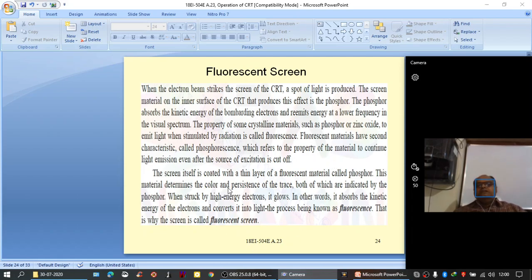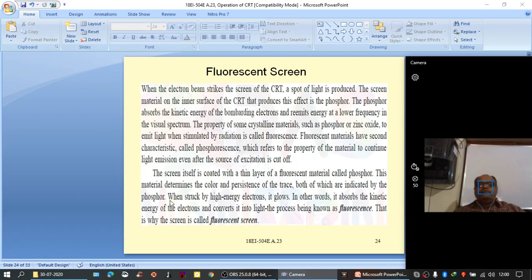The screen itself is coated with a thin layer of fluorescent material called phosphor. This material determines the color and persistence of the trace, both of which are indicated by the phosphor.